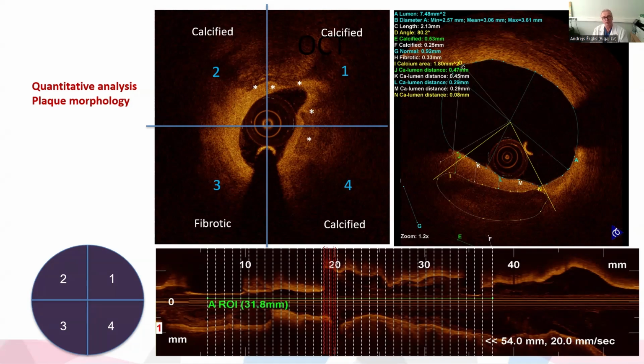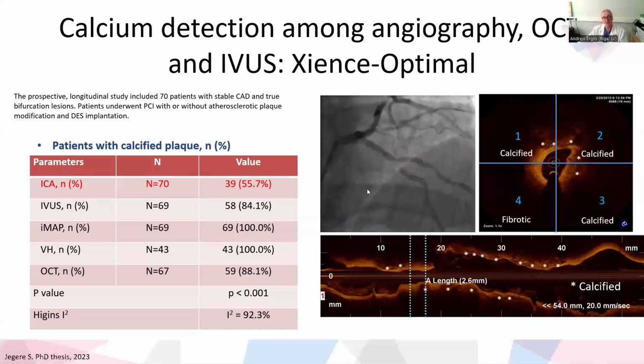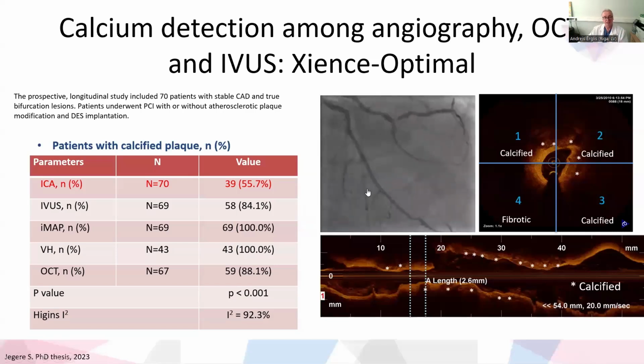But why is it important? Because this is important for understanding what happened with the plaque. Here we can see calcium very well, but also plaque thickness, and even with other tools we can see morphology of plaque, like VH, virtual histology, or IMAP.